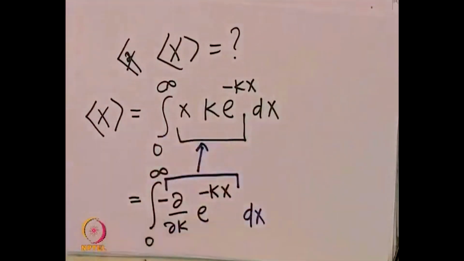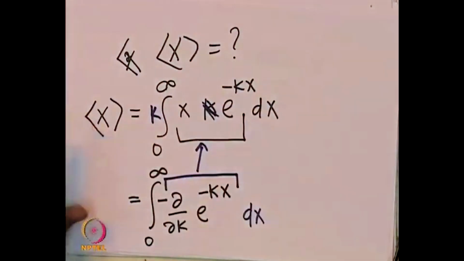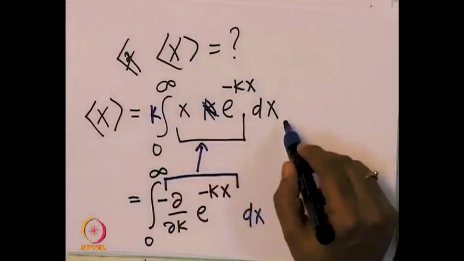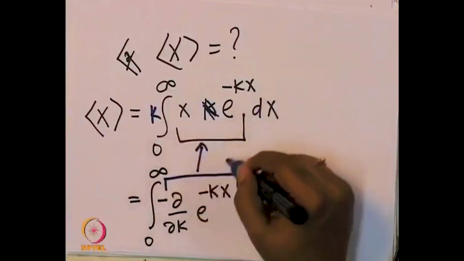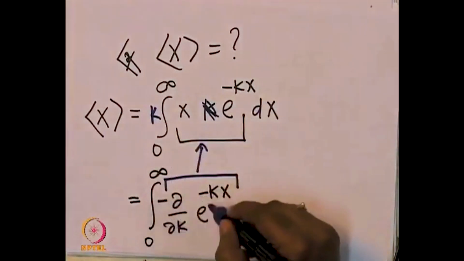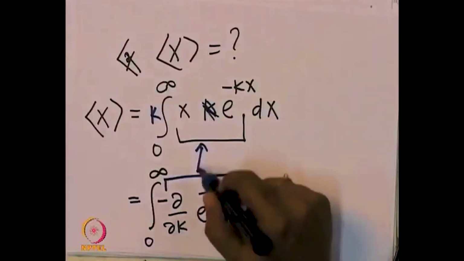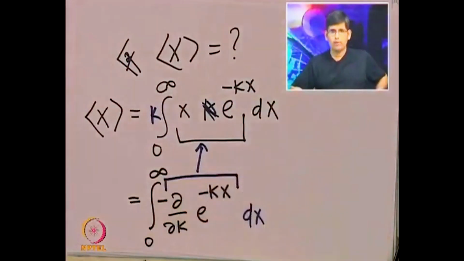So, this is what essentially this integral is equal to. Sorry, so this is not equal. I can just take this k out, since the integral is over x. This quantity x e power minus k x is nothing but minus del by del k of e power minus k x. You can convince yourself that this is true.